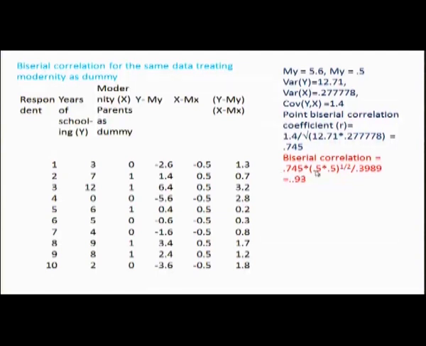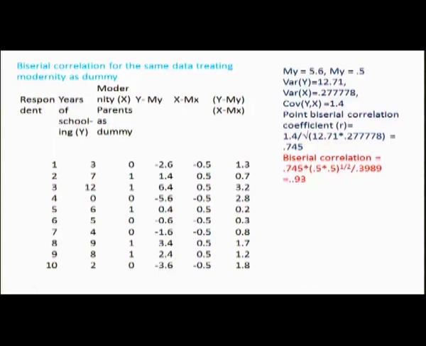And then this 0.745, this point biserial is converted into biserial by using this formula. 0.745 multiplied by, half of them are zeros, half of them are ones, so 0.5, 0.5 square root, and divided by ordinate of a normal distribution at a point which divides the total area of a normal distribution into two parts, half and half, that is 0.3989, and so the value of biserial correlation is 0.93.